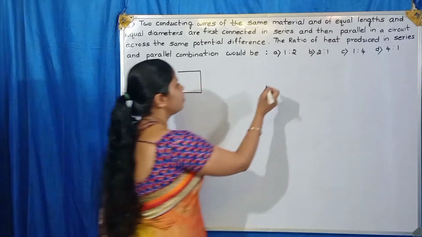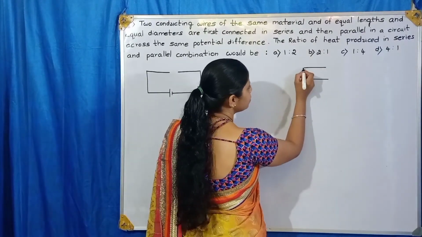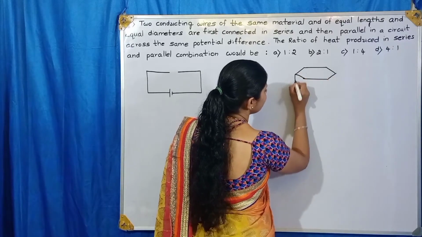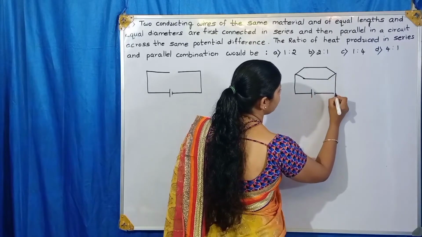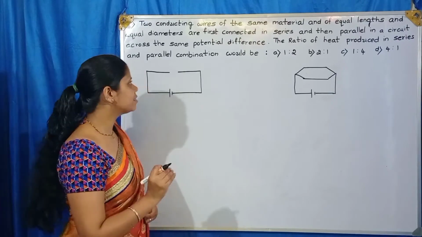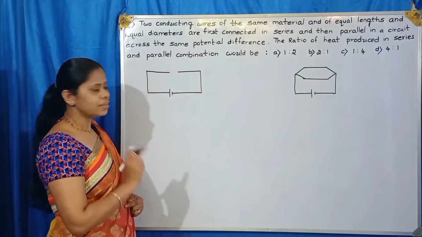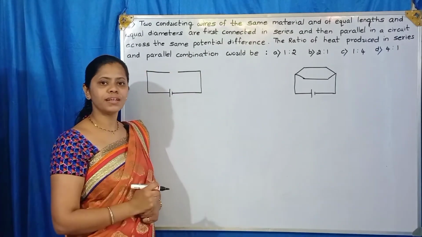Now, the two wires are connected in parallel, and also they have given they are connected across the same potential difference. It means in both the circuits the potential difference is same.